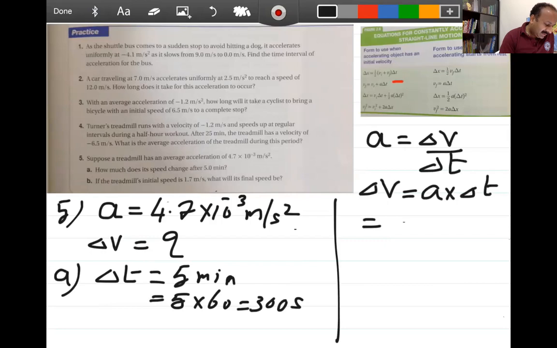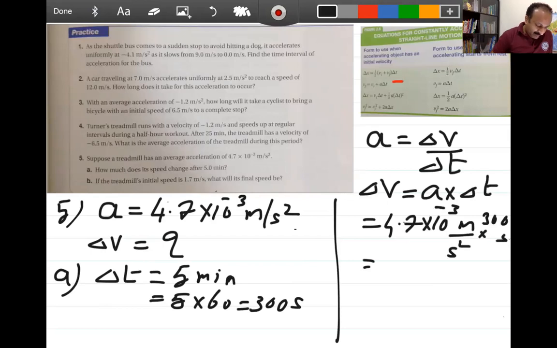Your A is 4.7 times 10 power minus 3 meter per second square times 300 seconds, okay? So that is going to be 4.7 times 10 power minus 3 times 300.